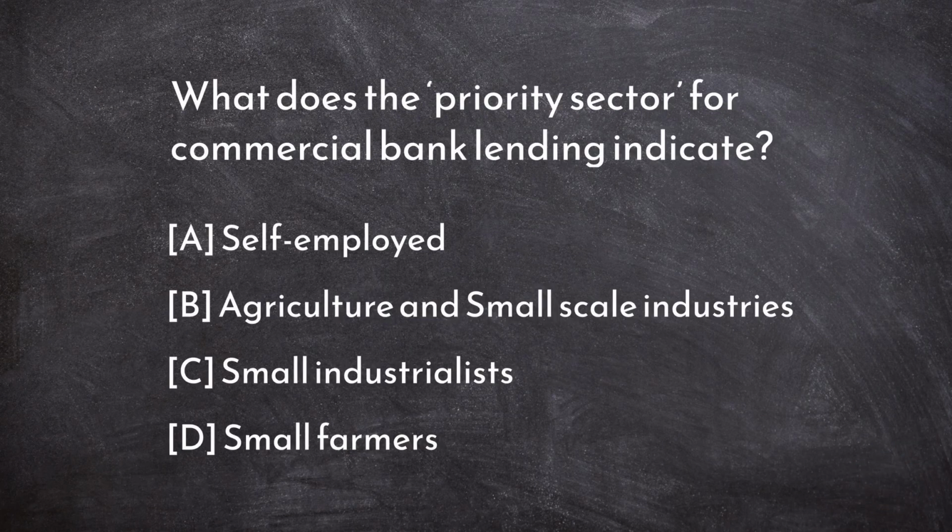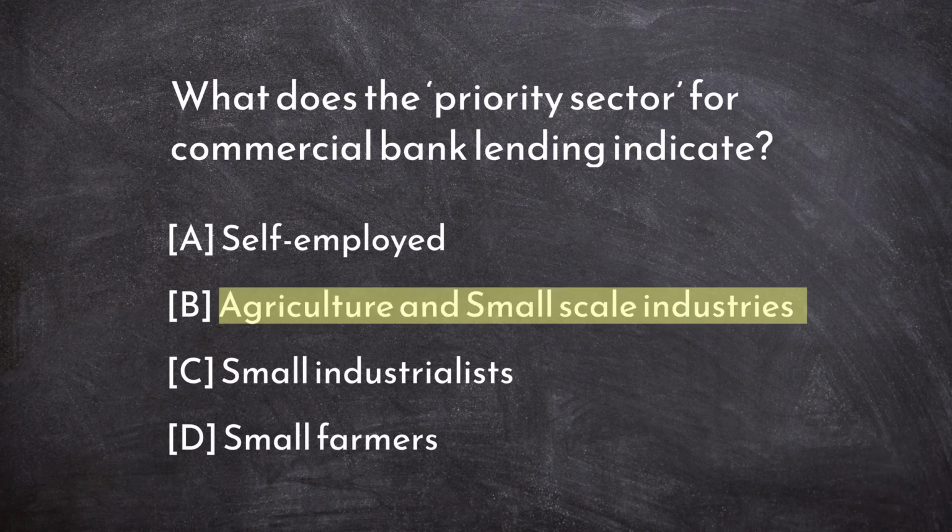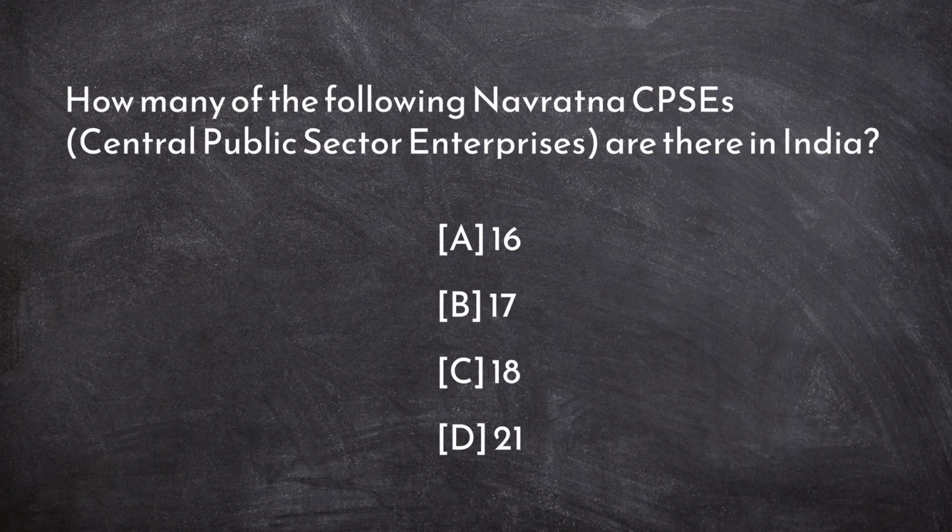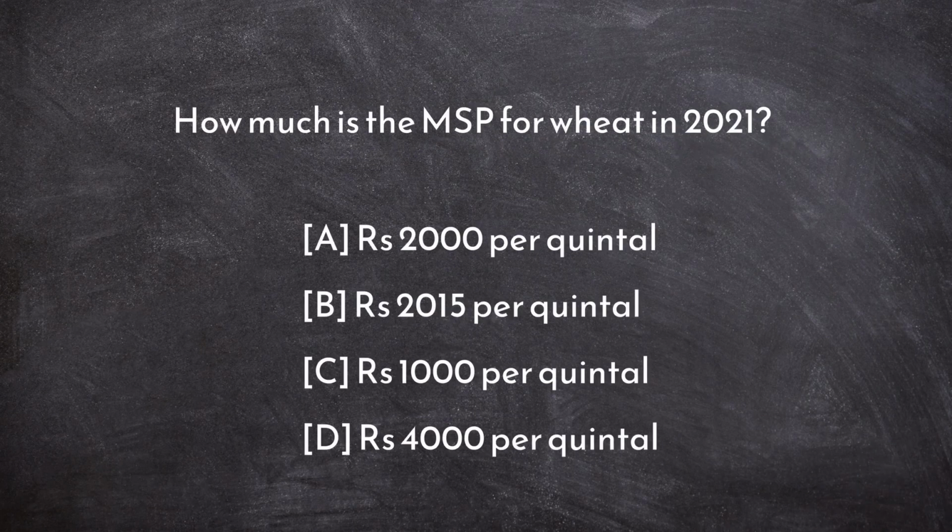What does the priority sector for commercial bank lending indicate? Agriculture and small-scale industries. How many of the following Navratna CPSEs are there in India?